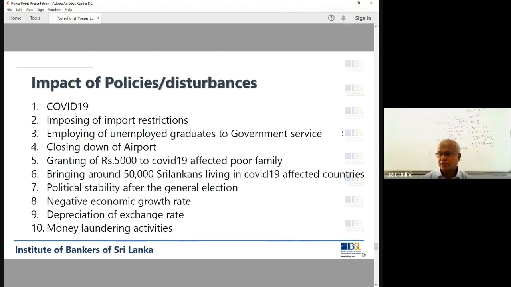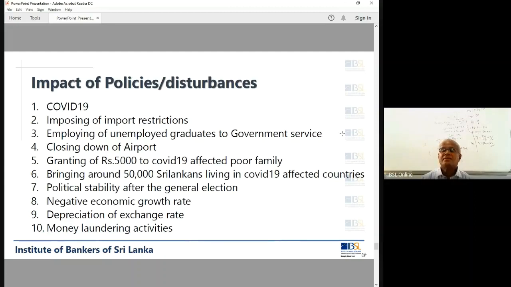Let's assume this pen is $1 before depreciation, and the rupee equals 150. $1 means you have to pay 150 to buy this pen. No taxes, so the domestic price will be 150. Suppose the currency depreciates from 150 to 200. The pen will be 200 rupees.